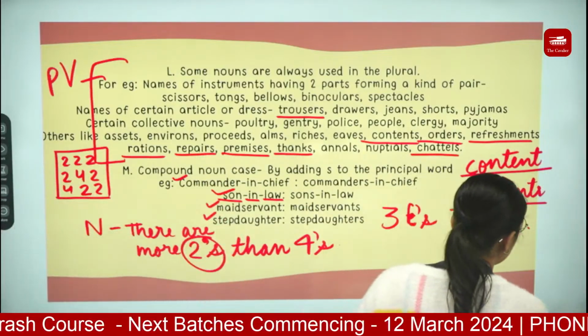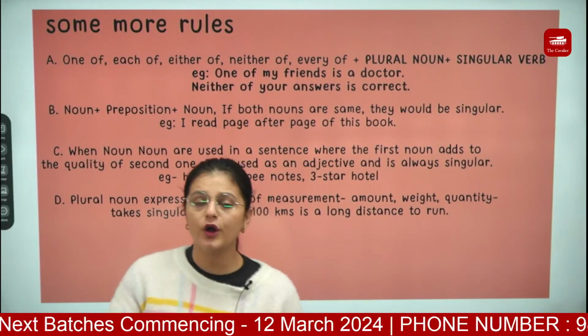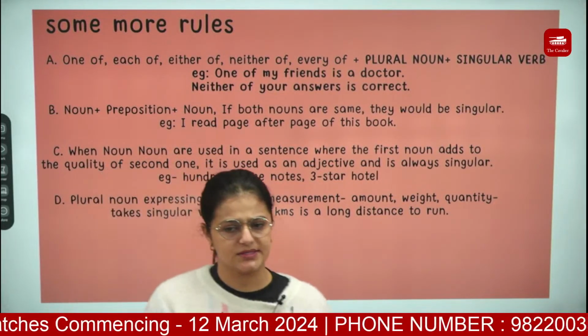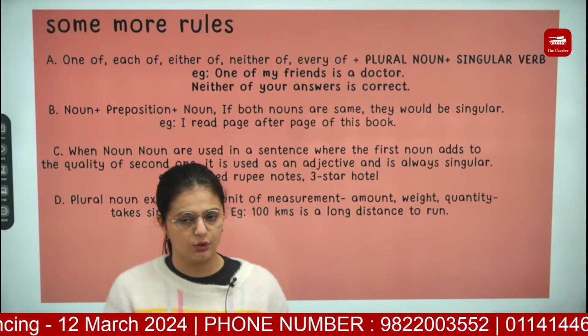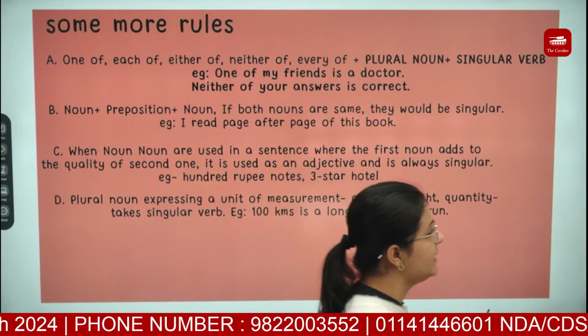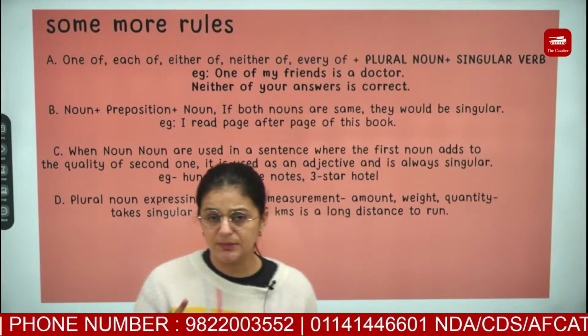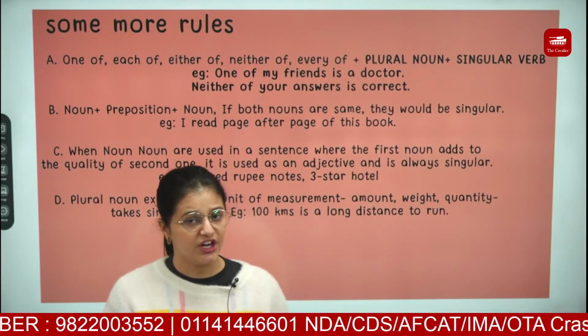Now, moving ahead. These are some of the rules that are there for number. Let's recall them once again. First, some nouns stay the same for plural and singular: cattle, apparatus, spacecraft, aircraft.